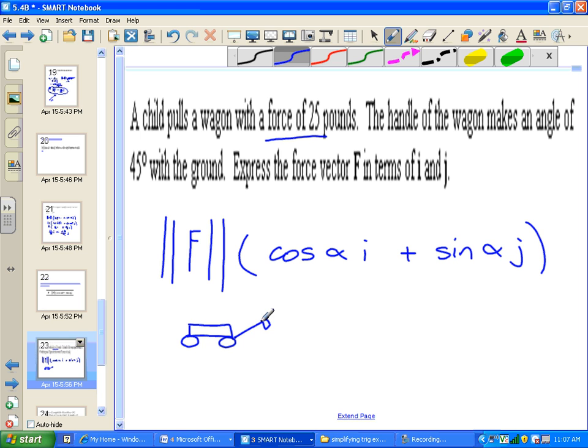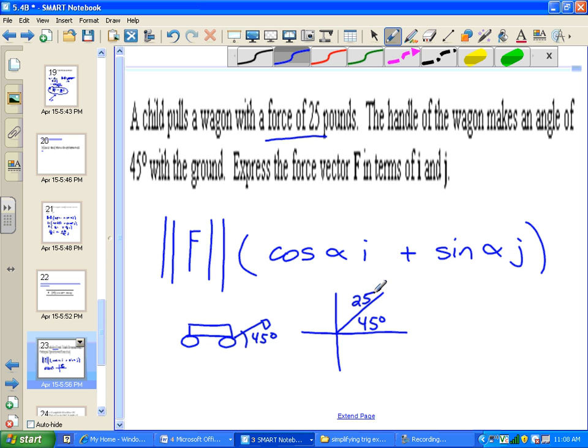That's an awesome wagon. The handle's making a 45 degree angle with the ground, and it's being pulled with a force of 25 pounds. So this is what the vector looks like. It's 45 degrees, and then the magnitude here is 25 pounds.